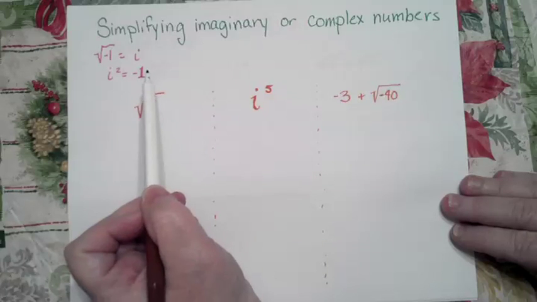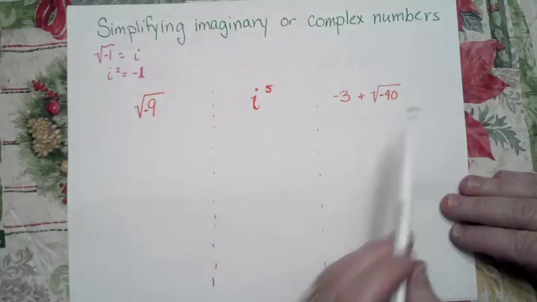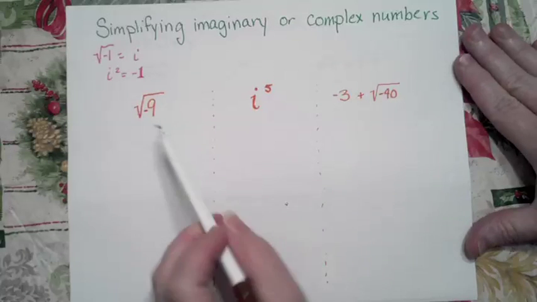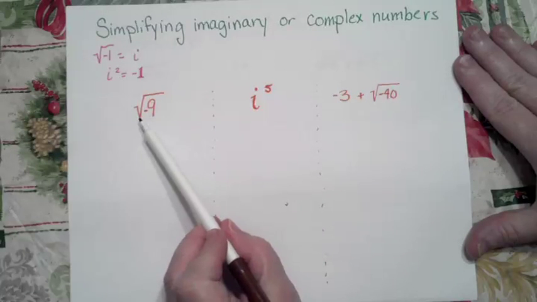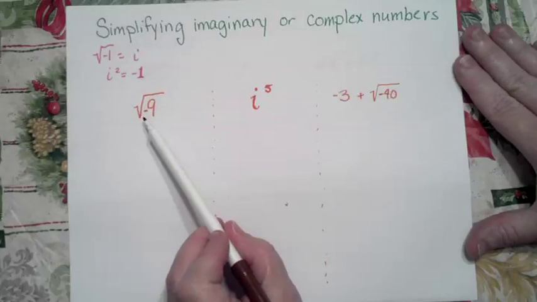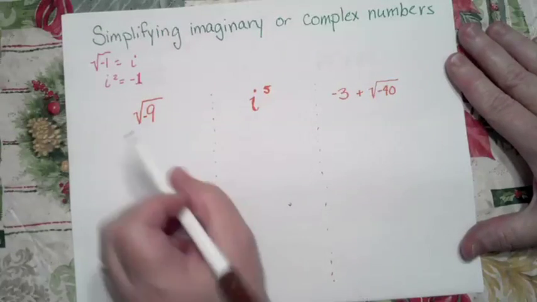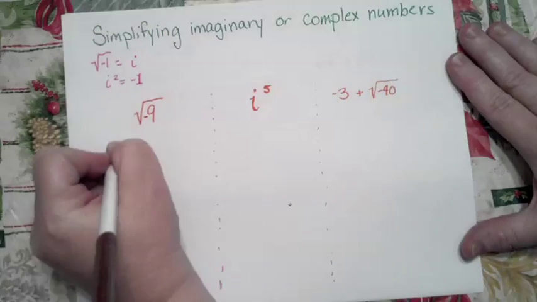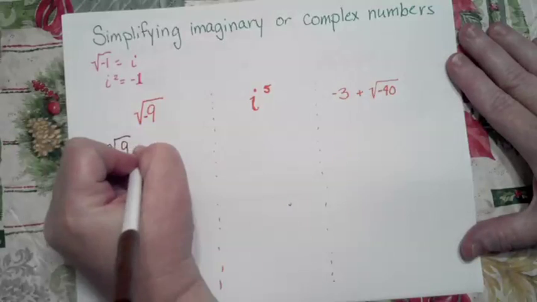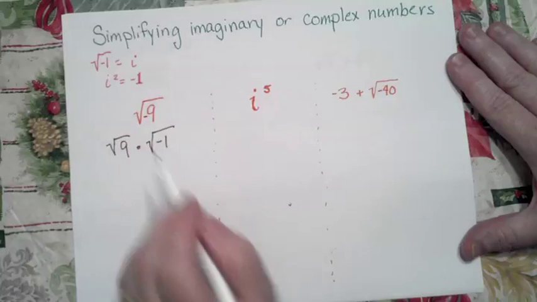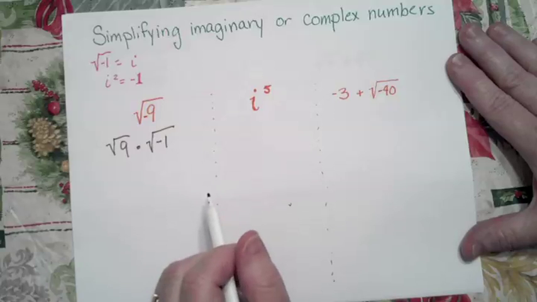So let's look at what we have here. I have 3 examples, and we'll do each one. Each one's kind of a little bit different. The first one is the square root of -9. We can rewrite this as the square root of 9 times the square root of -1, because 9 times -1 is -9.